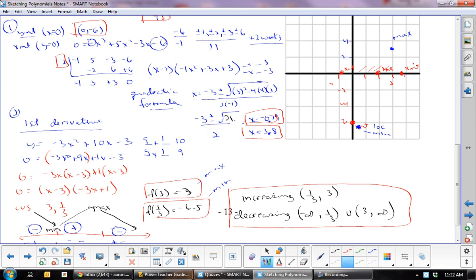And you can put the decreasing from, I should do this in black. And then we're going to be going like this, and like this. And then later when we do second derivatives, we'll maybe put concave downs and ups too, right?